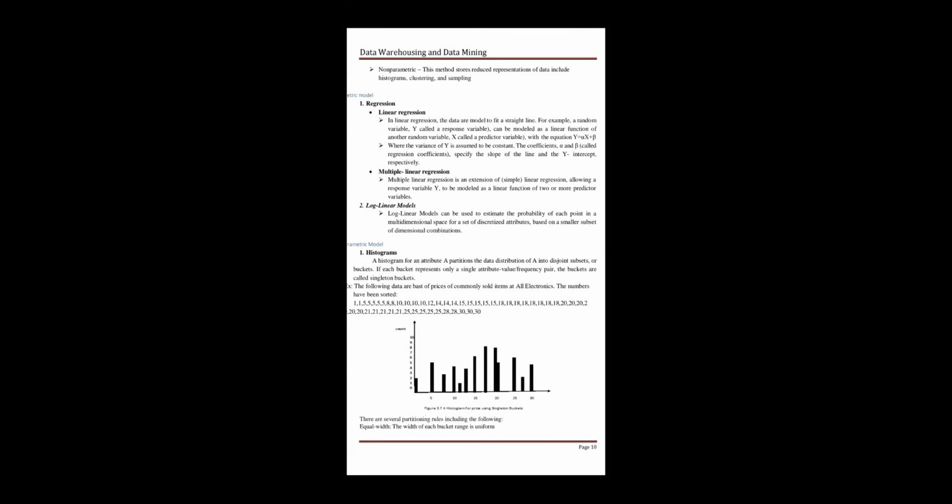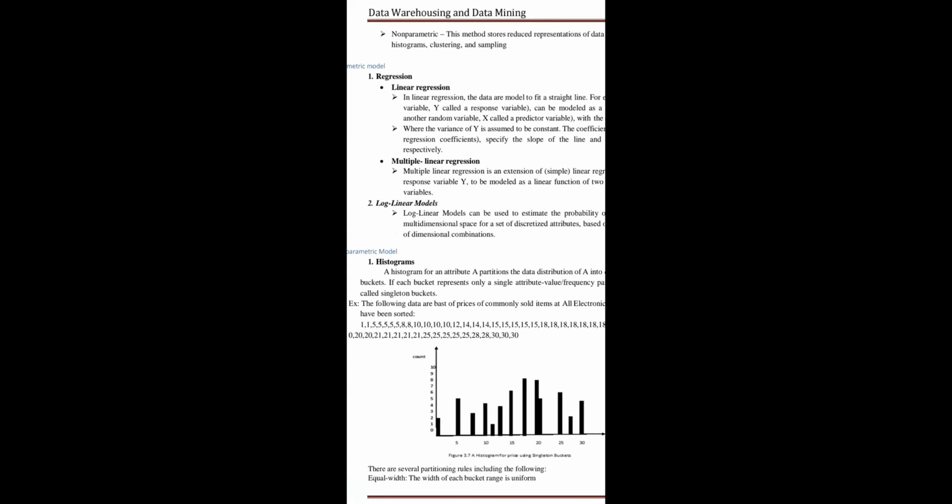So this is the regression process. In regression, mainly linear regression and multiple regression are used. Linear regression represents the relationship between two attributes. The relationship of one attribute with other attributes, more than one variable, is called multiple regression.